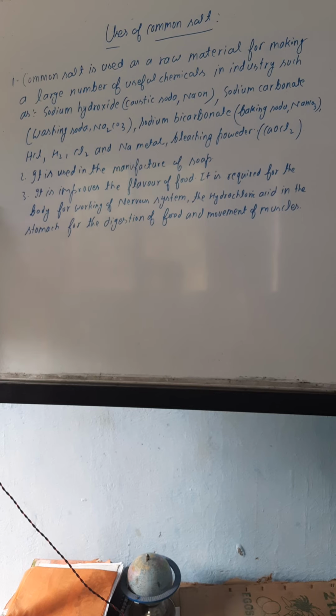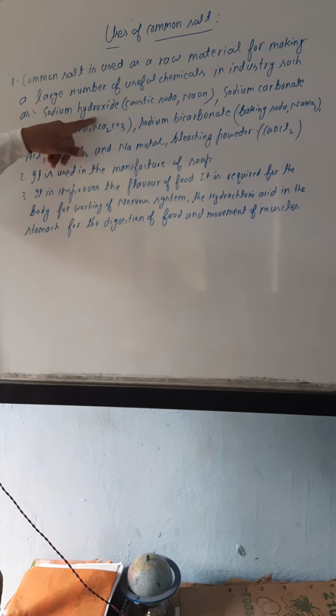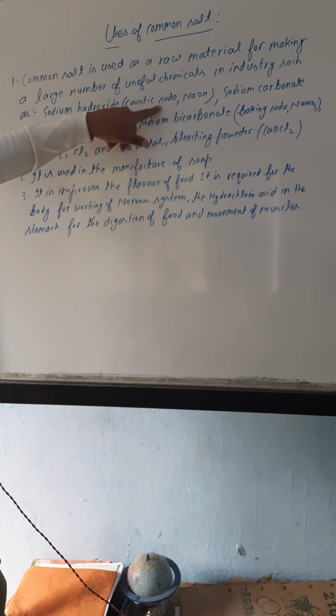In the industry we are using it for the manufacture of many chemicals. Like we are using it for the manufacture of sodium hydroxide, NaOH, also known as caustic soda.